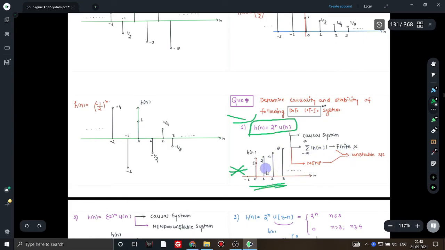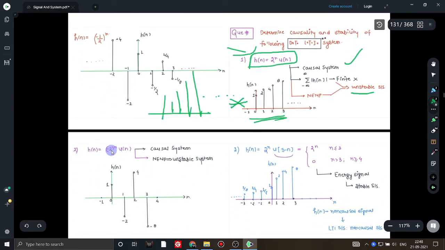It is not absolutely summable, as you can see. This graph keeps on increasing up to infinity, so it is not of finite duration. So it is an unstable system. The first term is a causal system, and it is unstable.